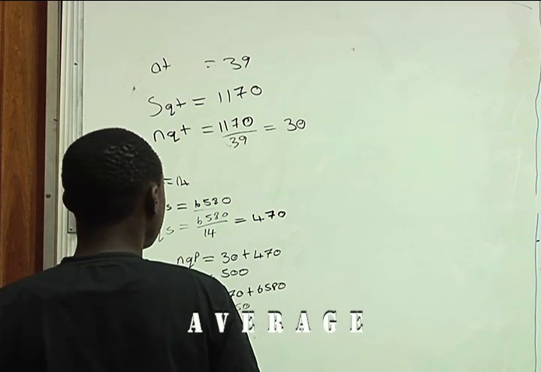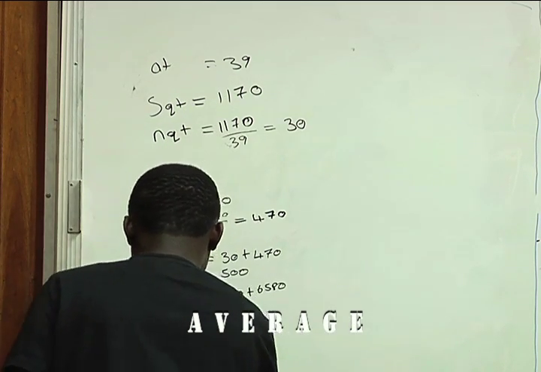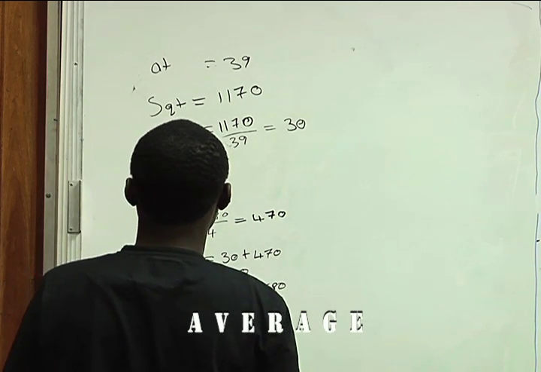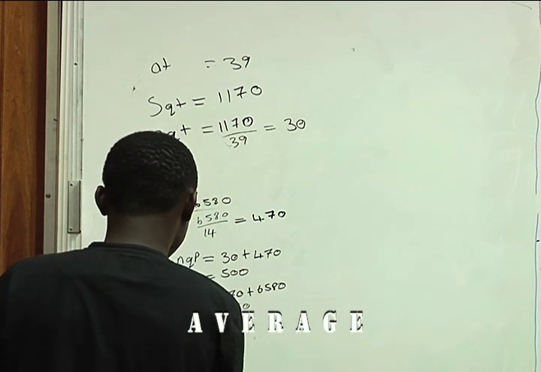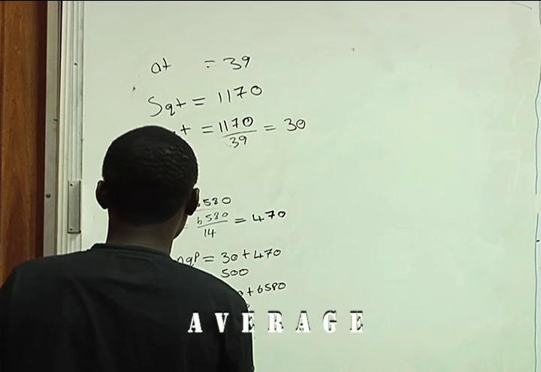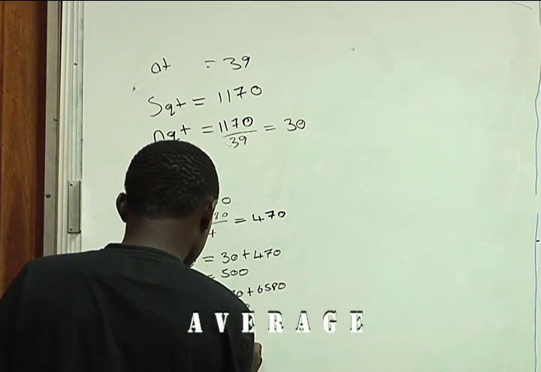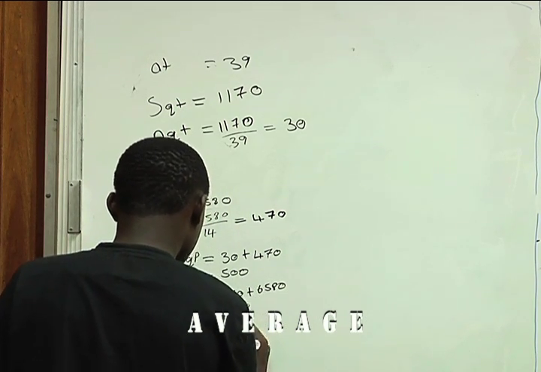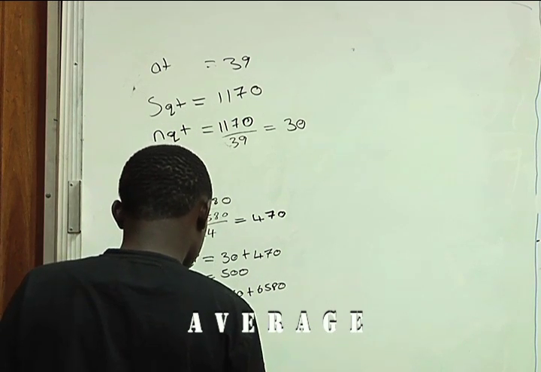All right, now, so we want to find out AP. What AP mean in this case? Average people. So AP must equal to sum of people, SQP, because P we are working with now, over number of people, NQP.